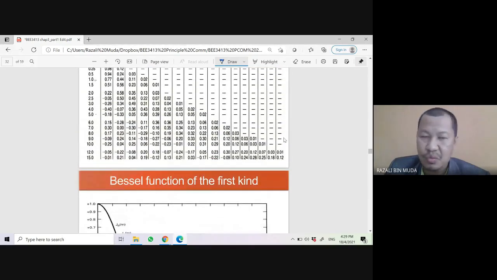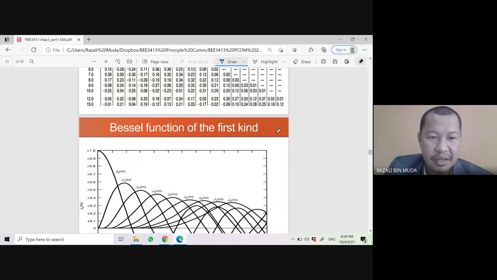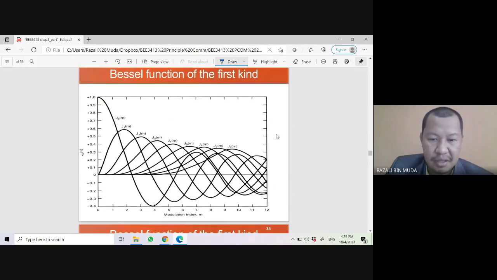Let's see one example. You have the carrier amplitude for the carrier is 0.77. Okay, 0.77. Okay, here modulation index, here 1. You have here, you go up here, this is here, right? This is 0.77 for J0.